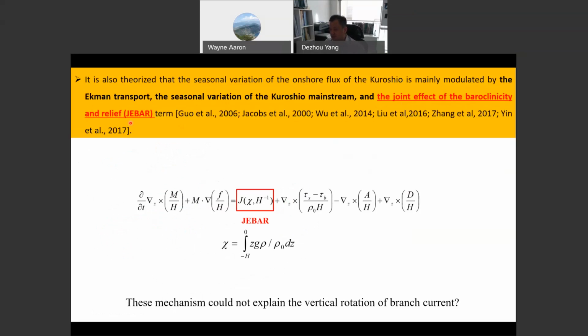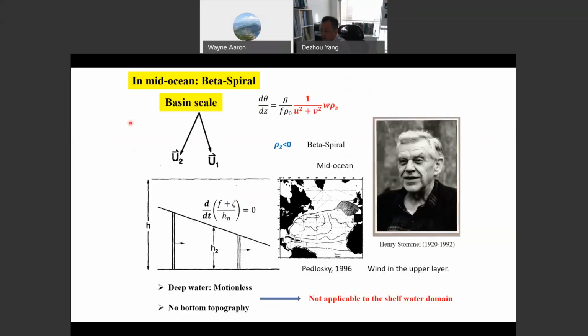But this mechanism could not explain why there is a vertical rotation of the branch current. However, on the other hand, in the mid-ocean, Henry Stommel found a very beautiful beta spiral.